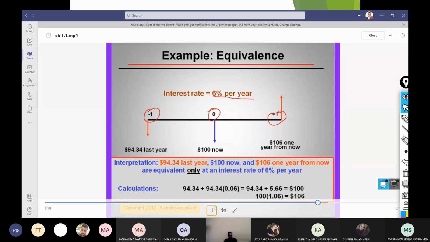These calculations are shown below the diagram. The amount of interest during the last year at 6% is $94.34 times 0.06, or $5.66, to make the equivalent amount now $100. Similarly, the interest at 6% for the $100 makes the amount equivalent to $106 1 year from now.